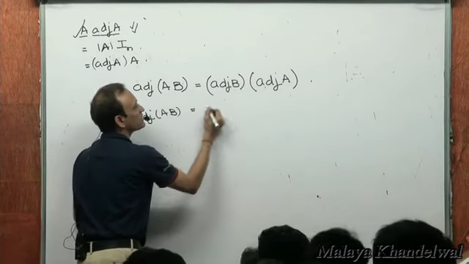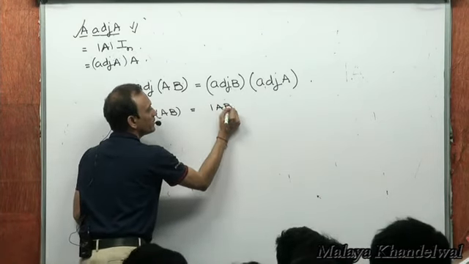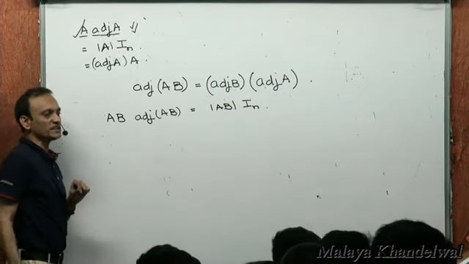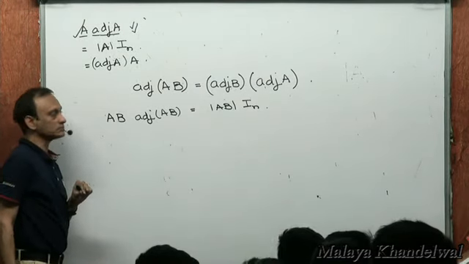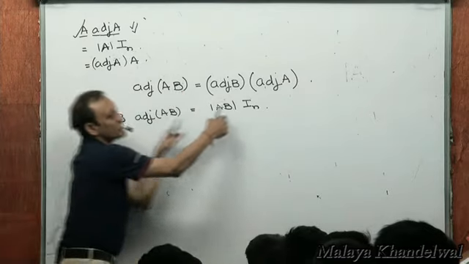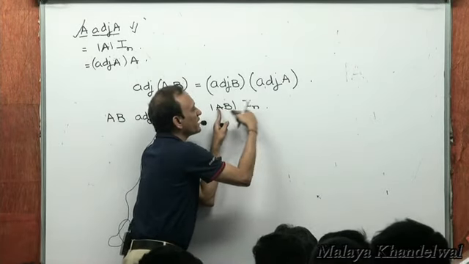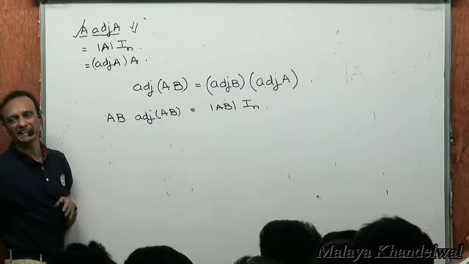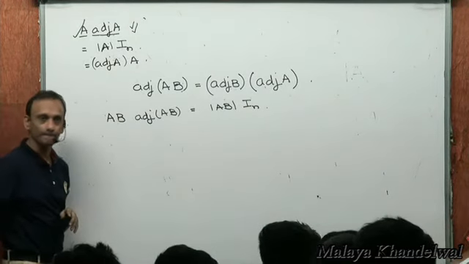So can I say this is determinant AB into a unit matrix of the same order I_N? Can I say this? So AB adjoint AB is determinant of AB into the unit matrix. It's also called an identity matrix I_N.